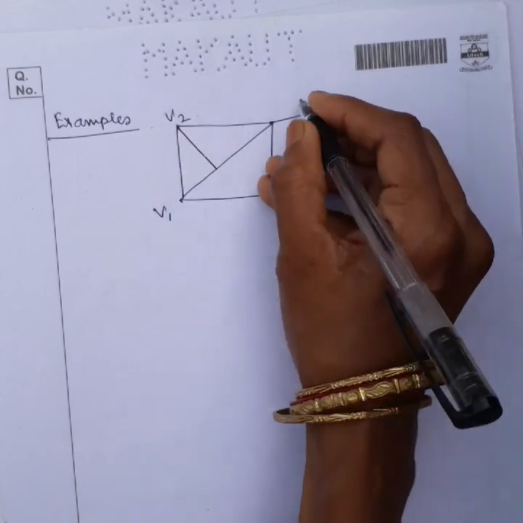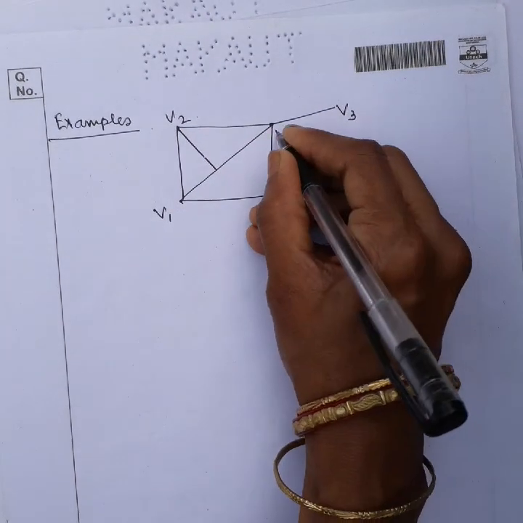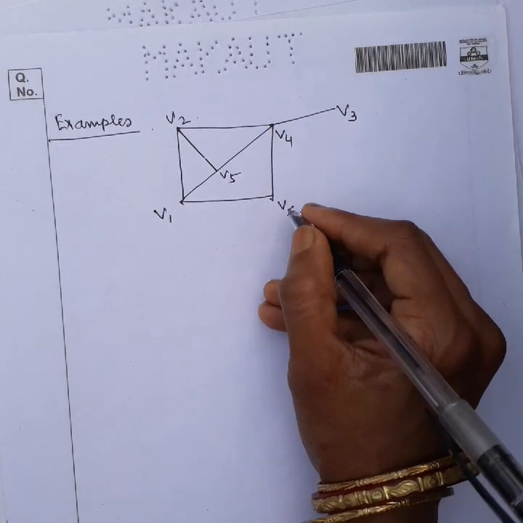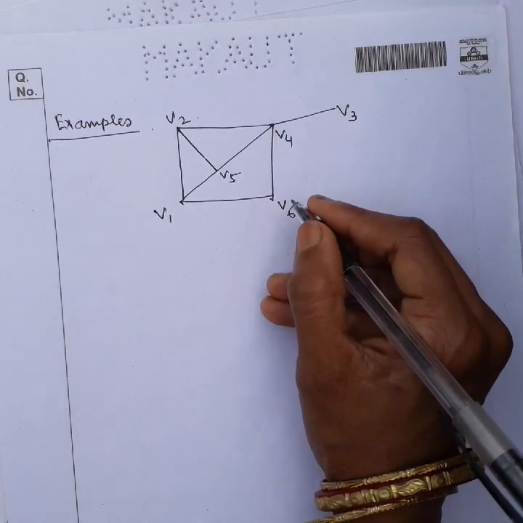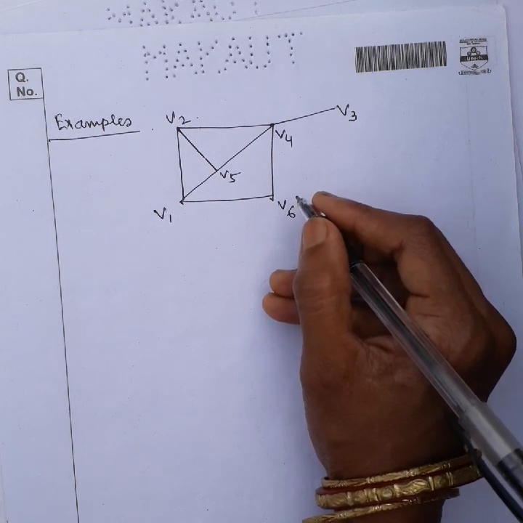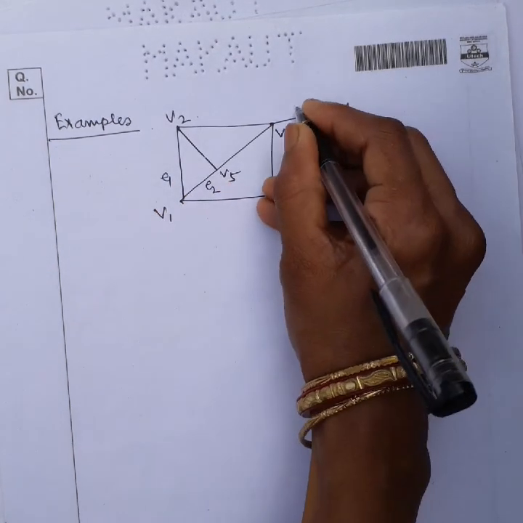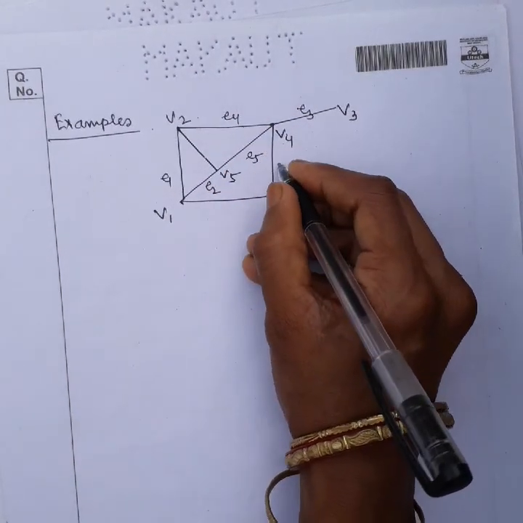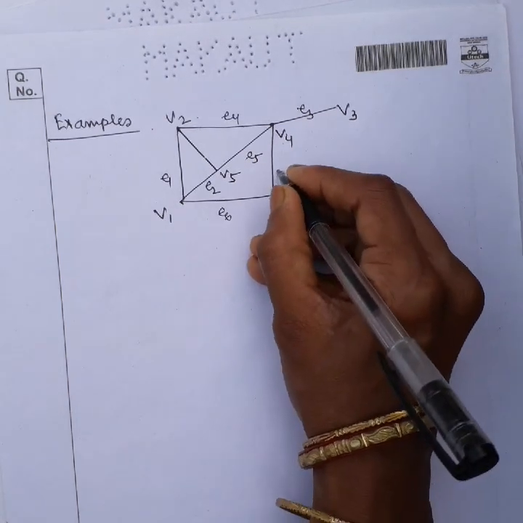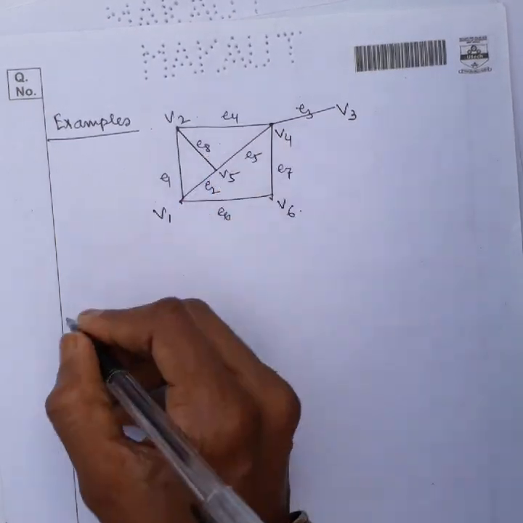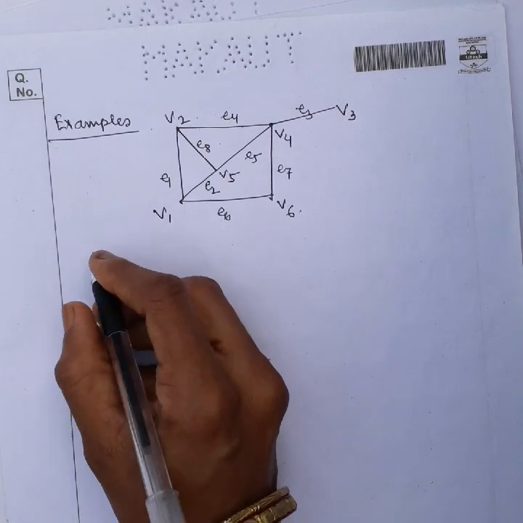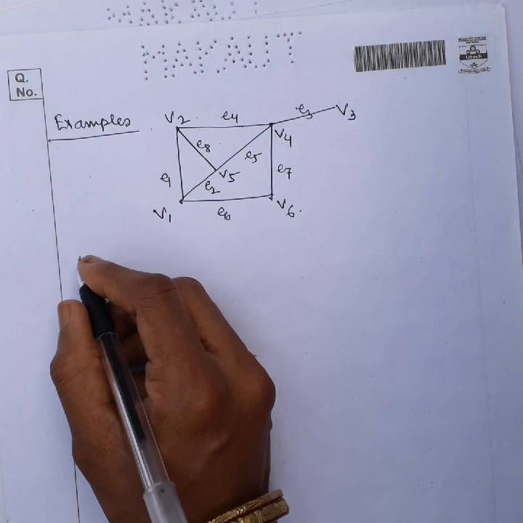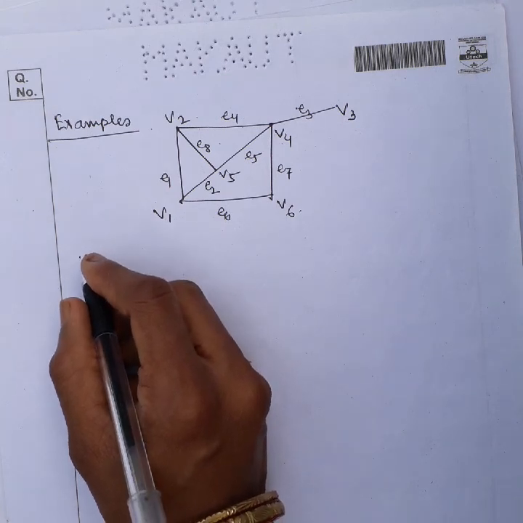This is V1, V2, V3, V4, V5 and V6, with edges E1, E2, E3, E4, E5, E6, E7, E8. Okay, so here the adjacency matrix is the combination of vertices, and it is a square matrix.